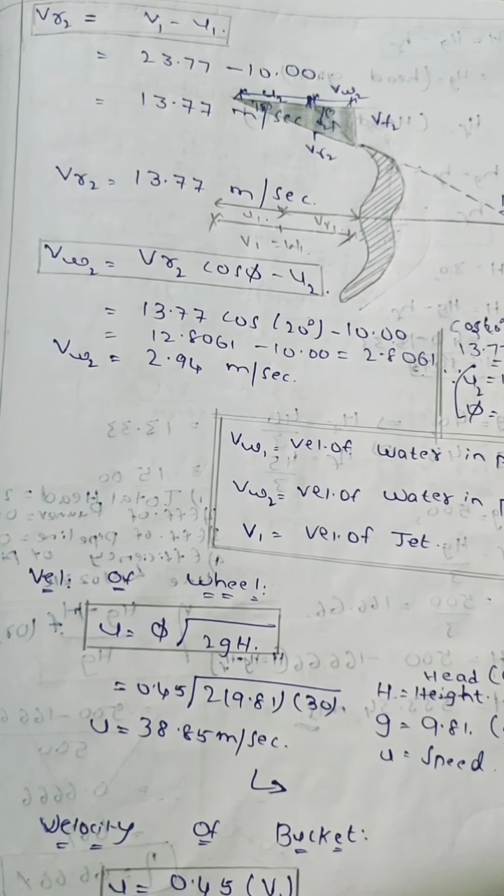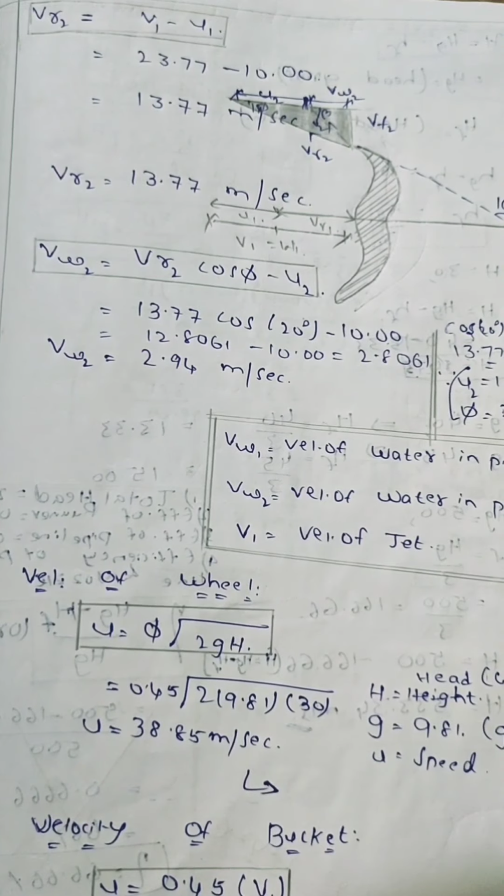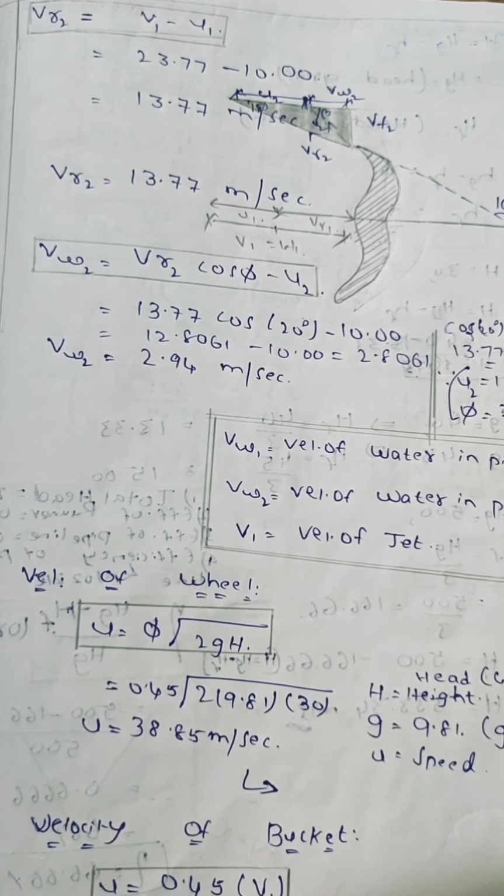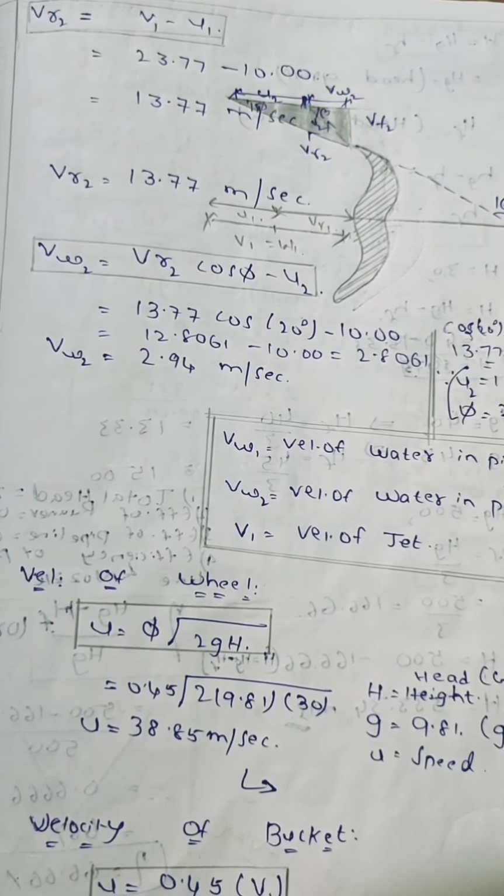Vr2 equals V1 minus U1, which is 23.77 calculated earlier minus 10.00 given in the question, which equals 13.77 meters per second. So the final Vr2 is 13.77 meters per second.